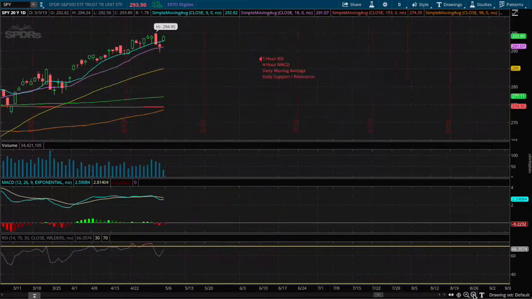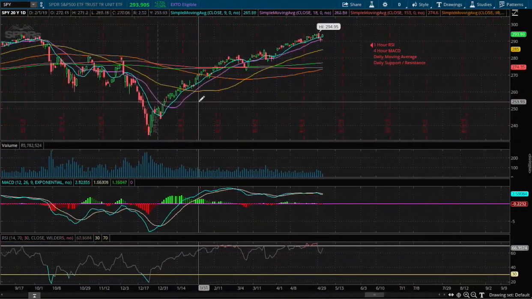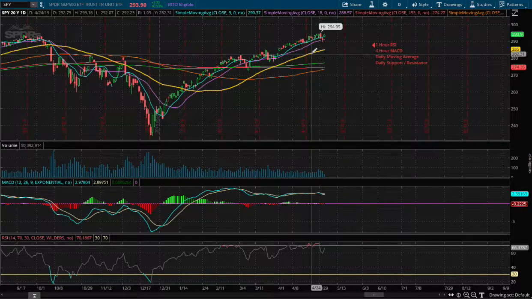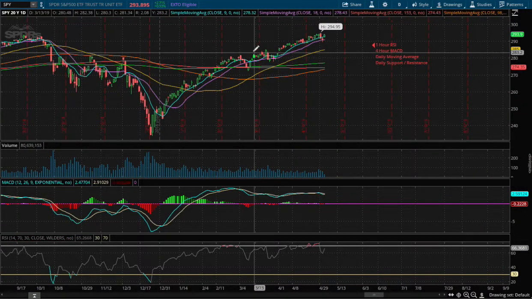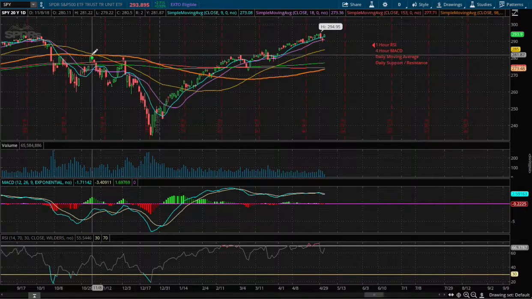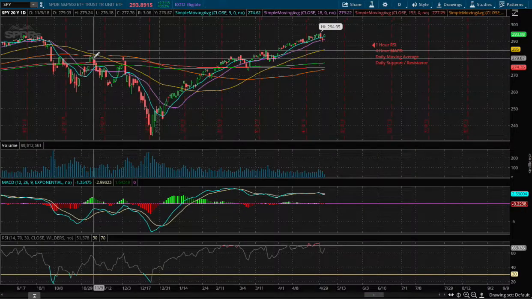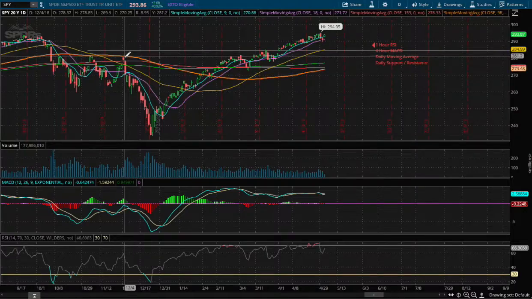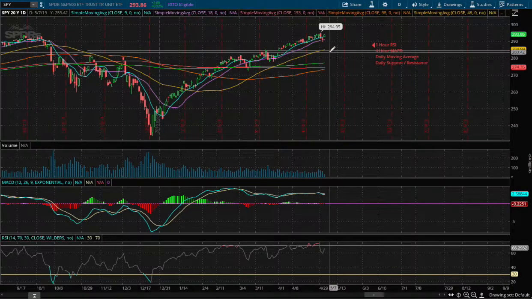And if we were to make support, I would find support at around the 50-day moving average, and that coincides with past resistance, and past resistance acts as support now. And this 50-day moving average is slightly higher than where we were hitting resistance early on in the year or last year.